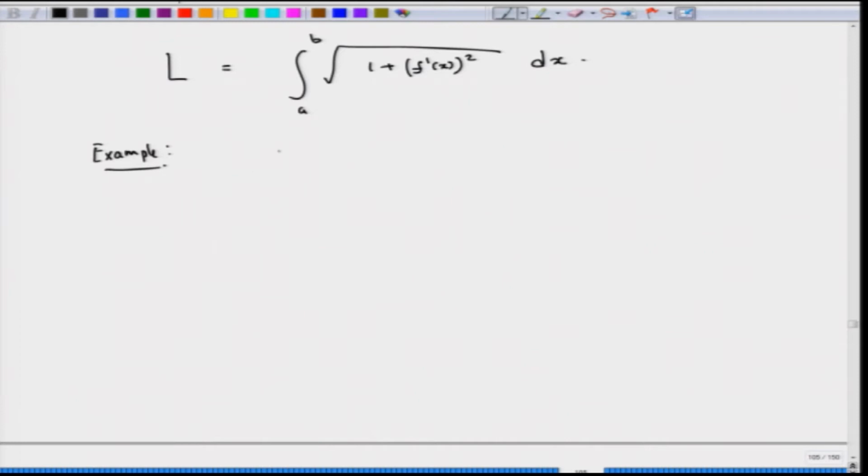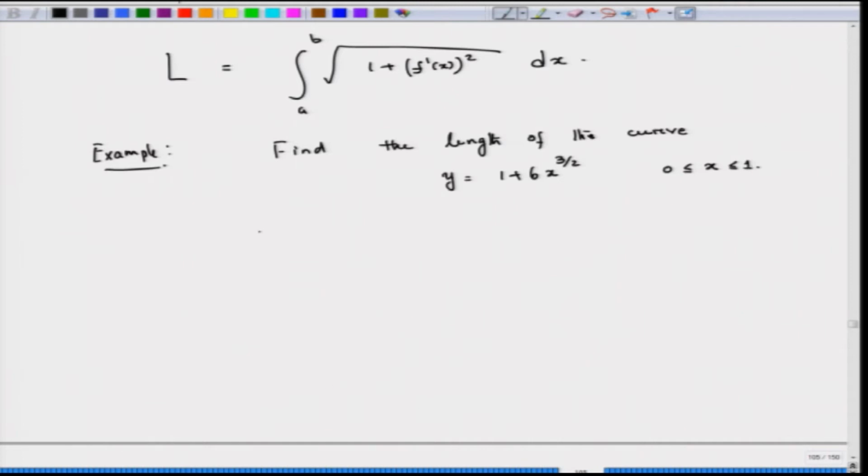Find the length of the curve y equals 1 plus 6 x to the power 3 by 2, where 0 is less than or equal to x, which is less than or equal to 1.